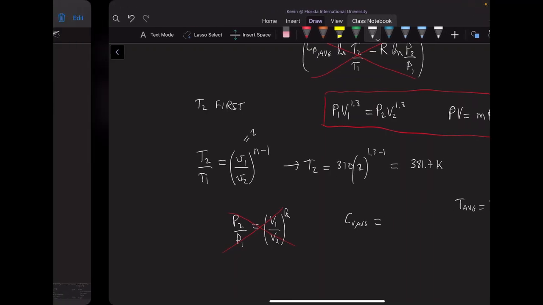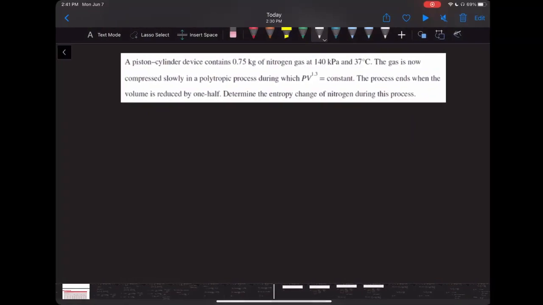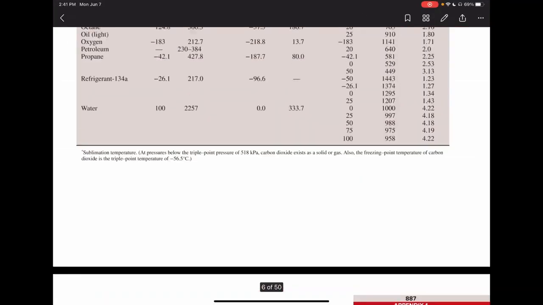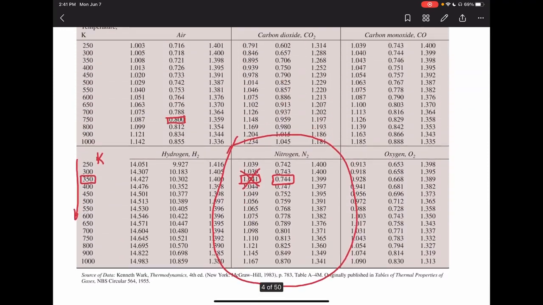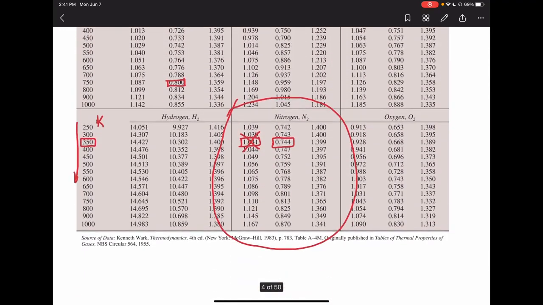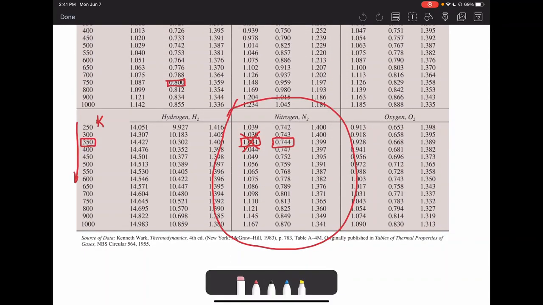So now if we go to our tables, table A2 for gases, we have a bunch of different gases, and we can see that our average temperature should be around 350. So let's look for a value at 350.